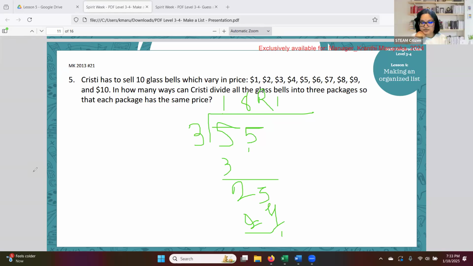That's a very important point you're making, Lakshan. So the fact that there is a remainder, what could that mean from our ability to break it into 3 packages?